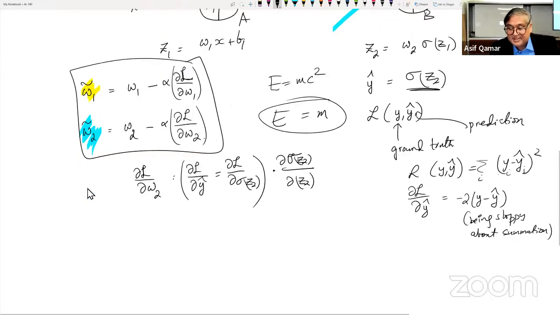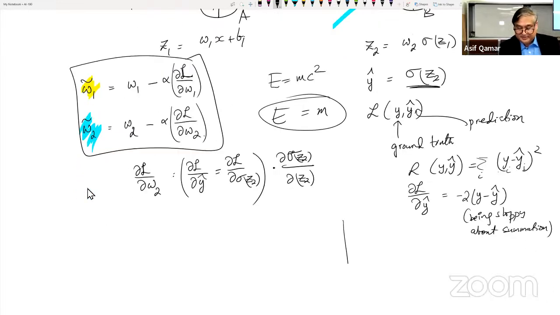Why? Because let's say that sigma z2 is equal to, I'll take an example, 1 over 1 plus e to the minus z2. This is the sigmoid activation function.